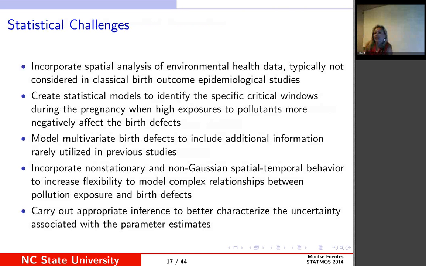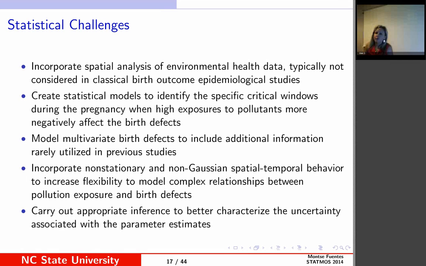So with all that in mind, what we are trying to do here is a little more ambitious. We are trying to make sure that we take advantage of all the information that we have. Certainly, we want to borrow across space, across time, across birth defects, because the signal is very weak. It's a very rare event, so we can gain much more power by bringing all the different sources of information together.